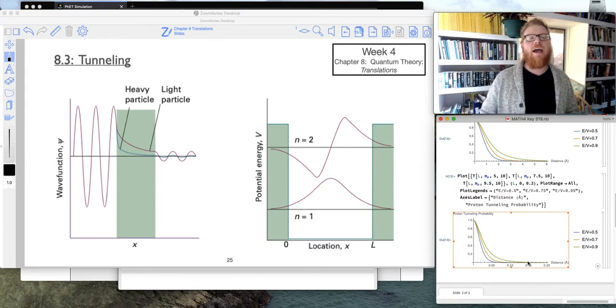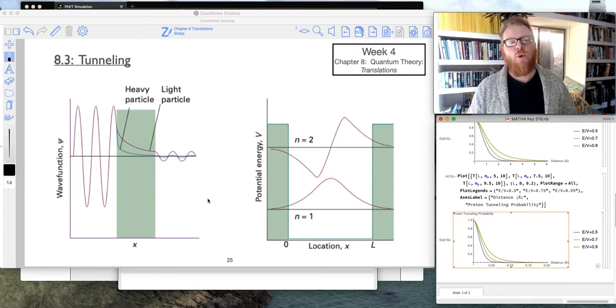So oftentimes in experimentation, when you want to prove that tunneling is a valid mechanism, what people will often do is compare the experimental result with a proton versus that with deuterium. Because even the proton falls off at a really, really short distance, okay?